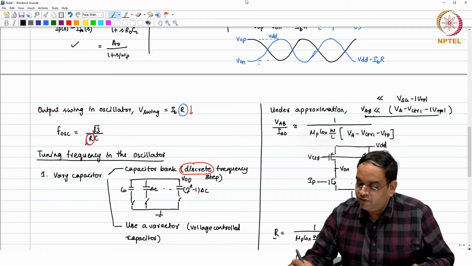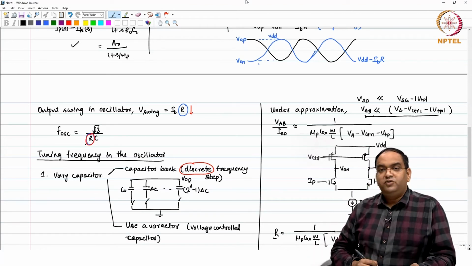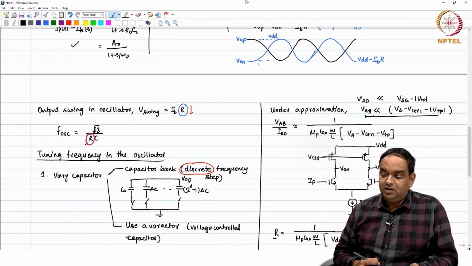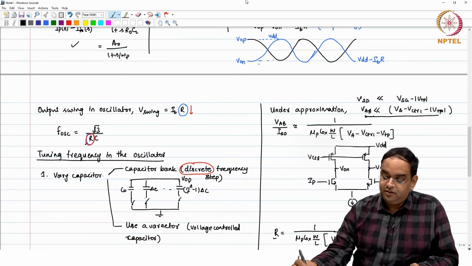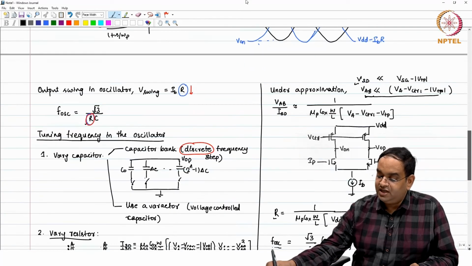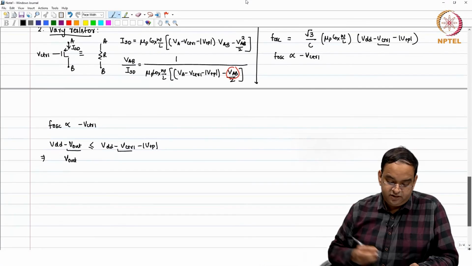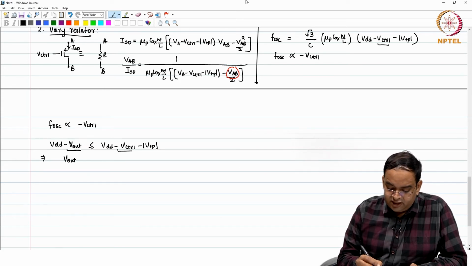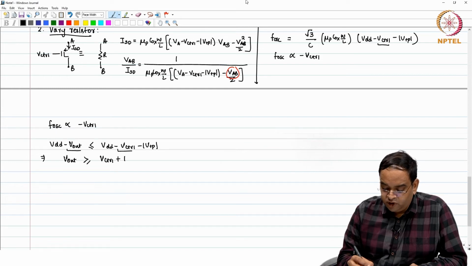So, when your gate overdrive is larger than your source to drain voltage, at that time you are going to have this. What you get from here is that VDD minus V out is less than or equal to VDD minus V control minus mod VTP, which means that V out has to be greater than or equal to V control plus mod VTP.